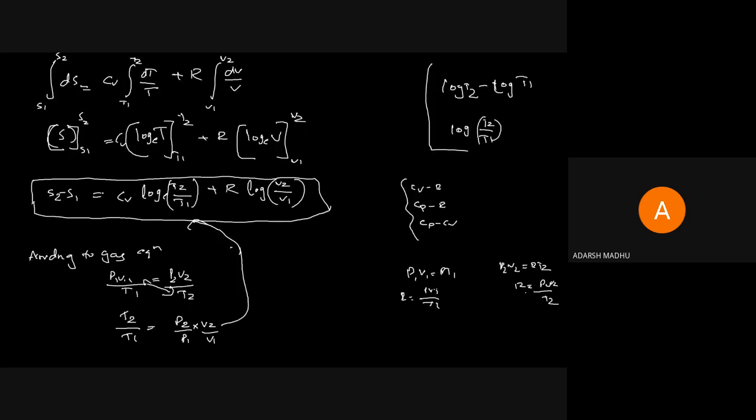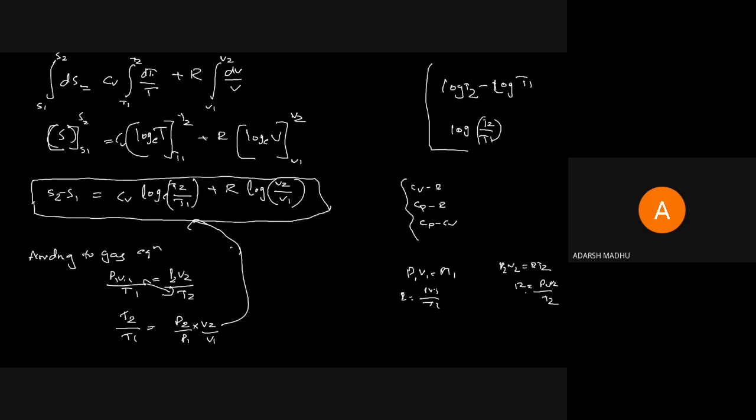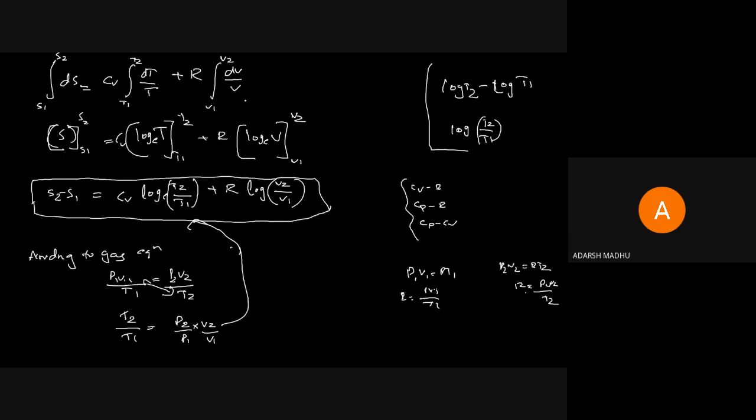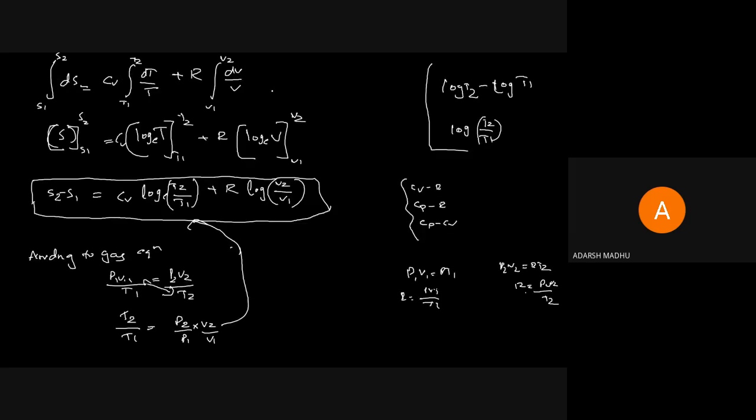So s2 minus s1 equal to Cv log of (P2 by P1 into V2 by V1), plus the other term, R log V2 by V1.